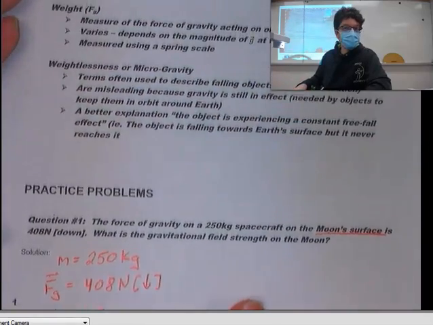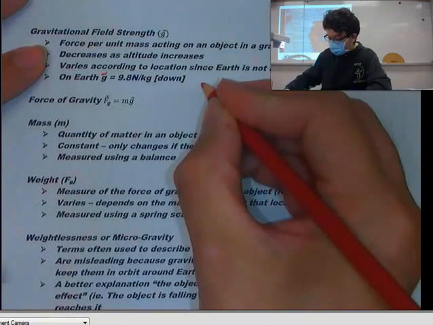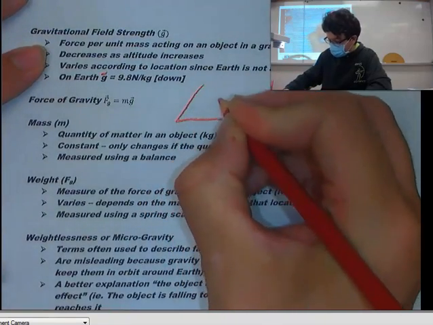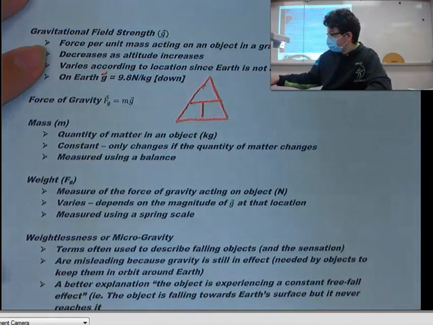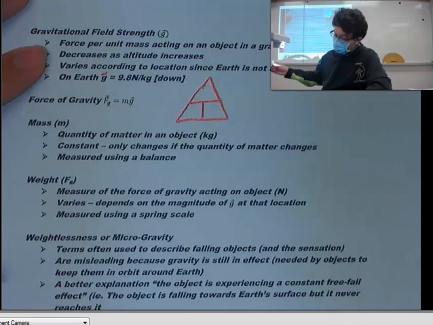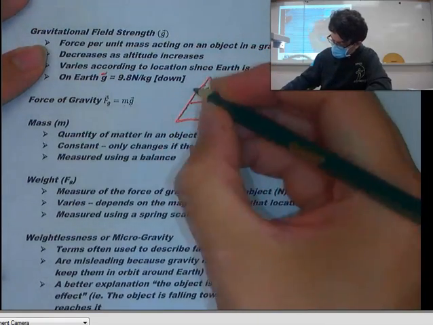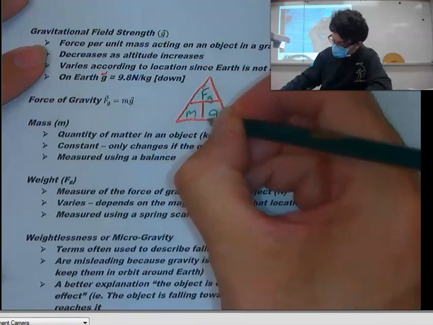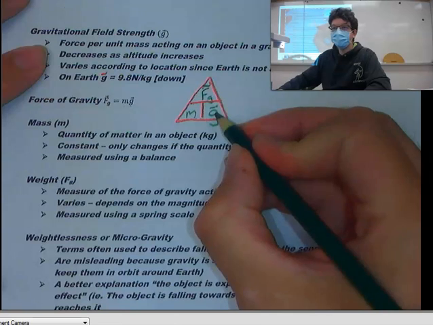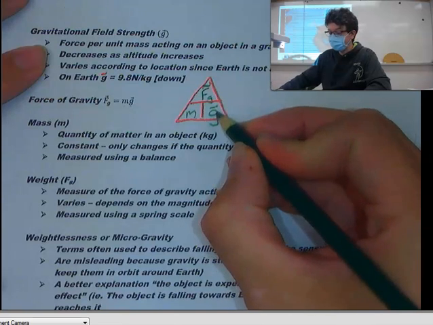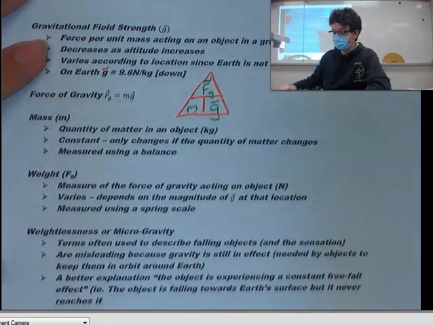Right? So looking at our equation, if it helps, you can draw a triangle. You can put Fg at the top, and then mass and gravity, field strength, here. So if we're solving for the gravitational field strength, it's going to be the force divided by the mass.